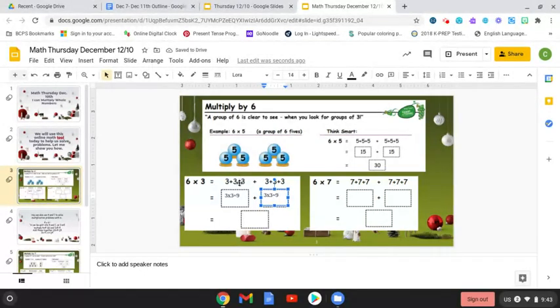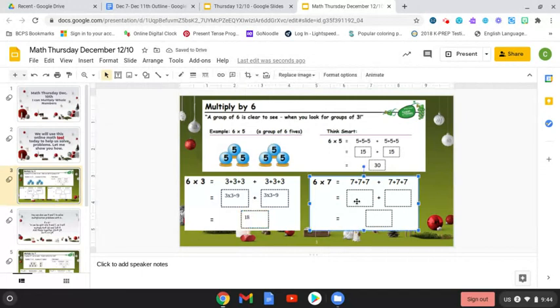Because that's what that's showing you with the addition, is that a 6 can be split into 3s, okay? So 3 times 3 and 3 times 3 is 9. And when I put those together, the 9 and 9, I get 18.